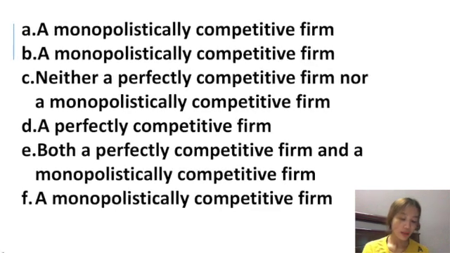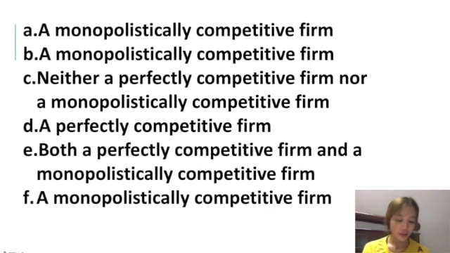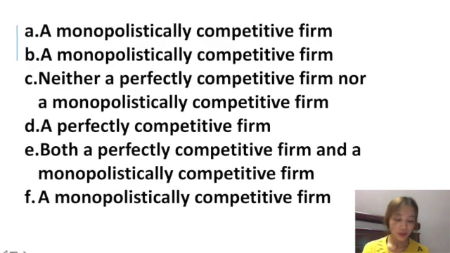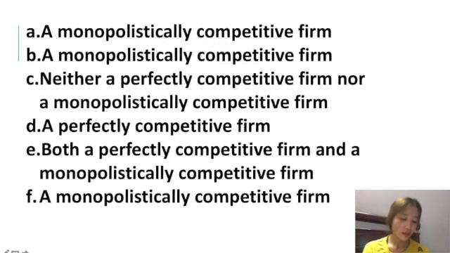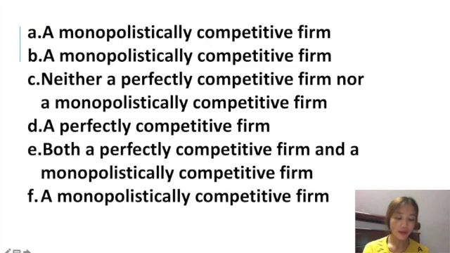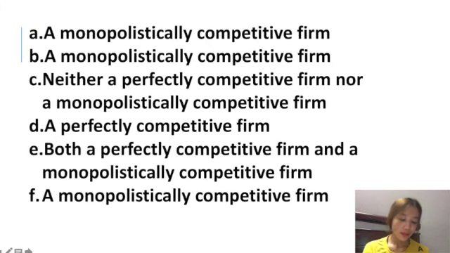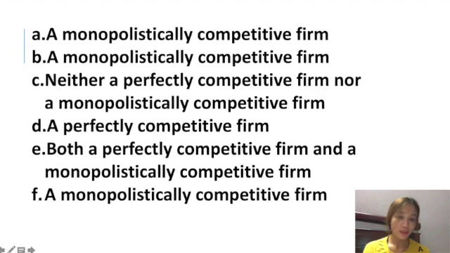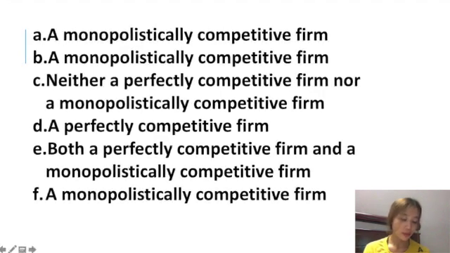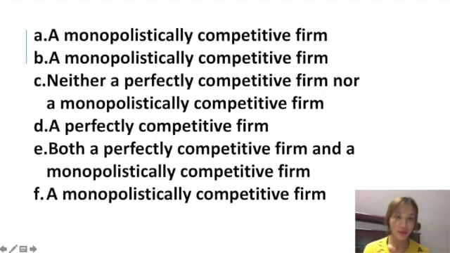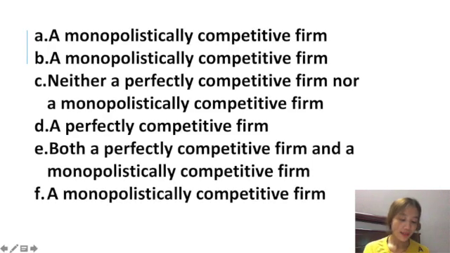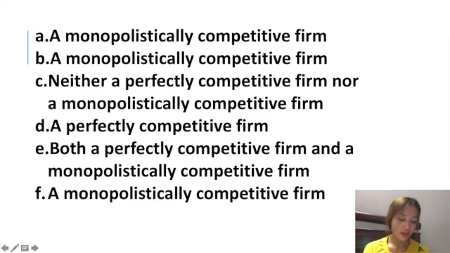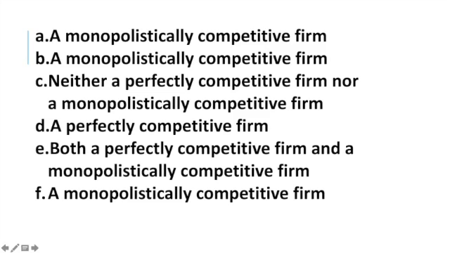Fourth, also in the long run, a firm in perfect competition produces at the minimum average total cost. Fifth, both a firm in monopolistic competition and a firm in perfect competition equate marginal revenue and marginal cost. Lastly, a firm in monopolistic competition charges a price above marginal cost.